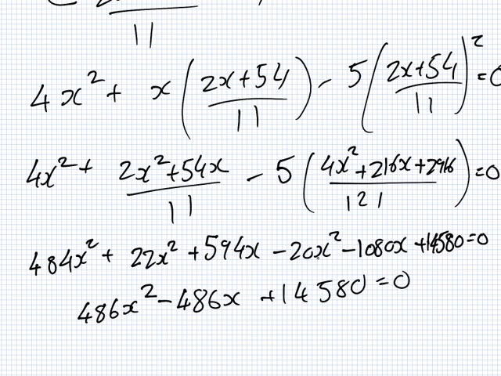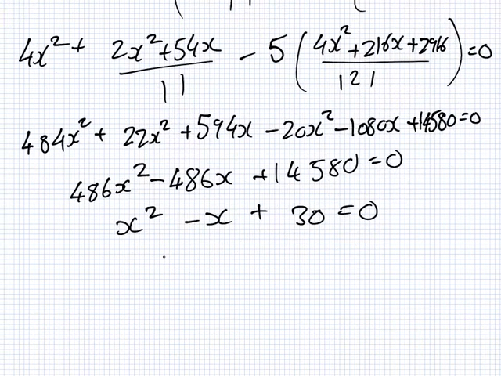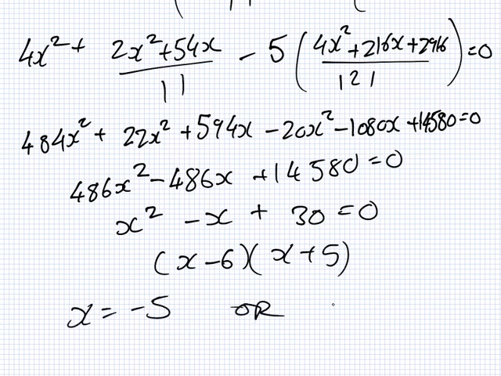All of these numbers can be divided by 486. That's x squared, that's x, and oh my goodness, that's 30? Okay. So that's x minus 6, x plus 5. So x equals minus 5 or 6.